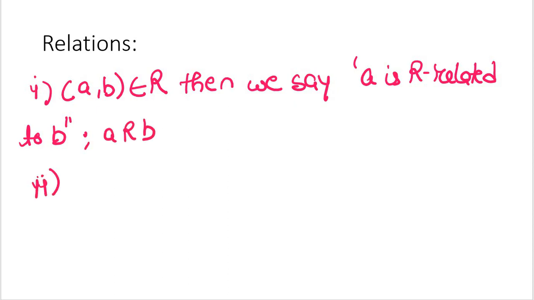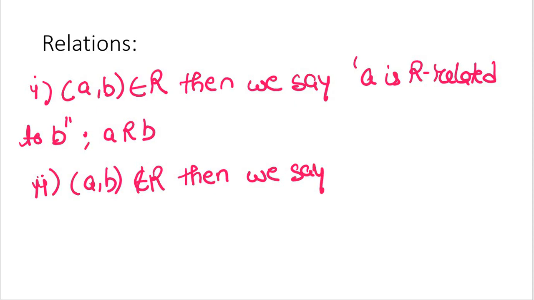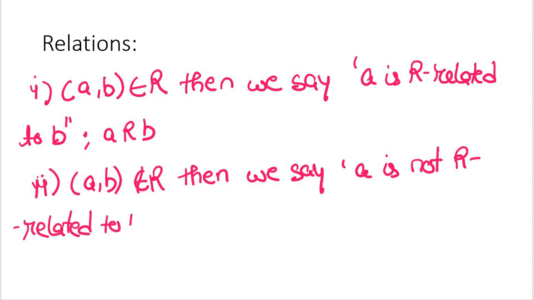Another is (a, b) does not exist in R, then we say a is not R related to b.